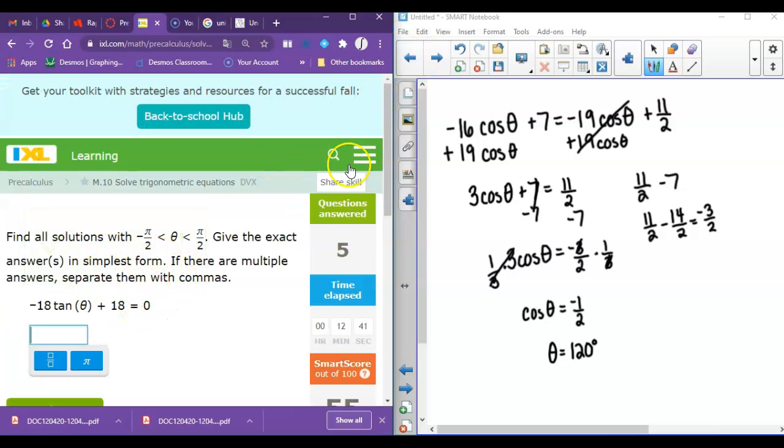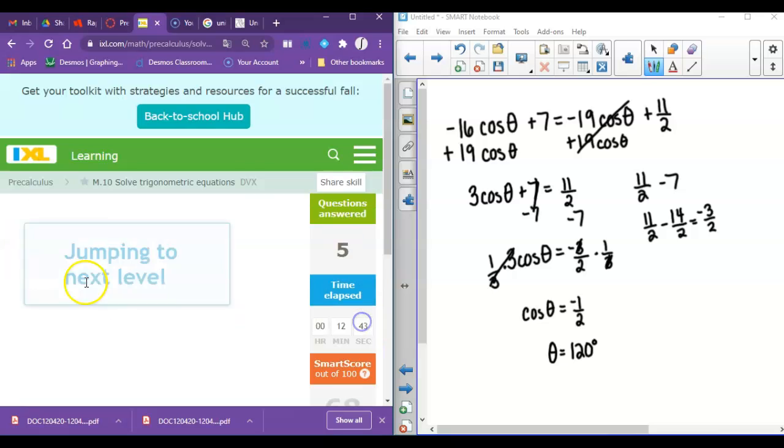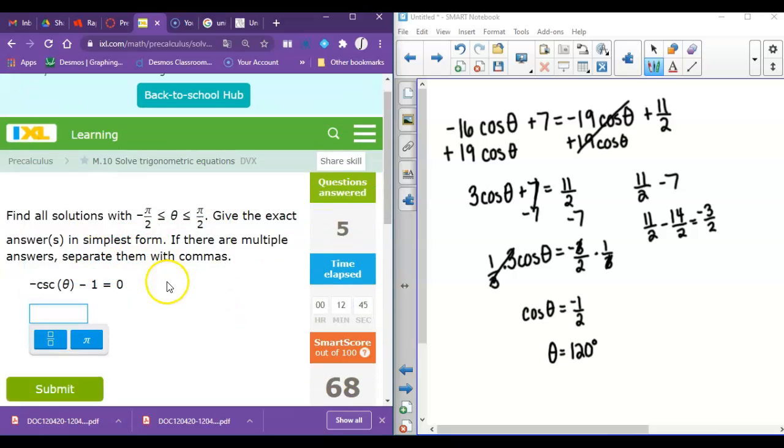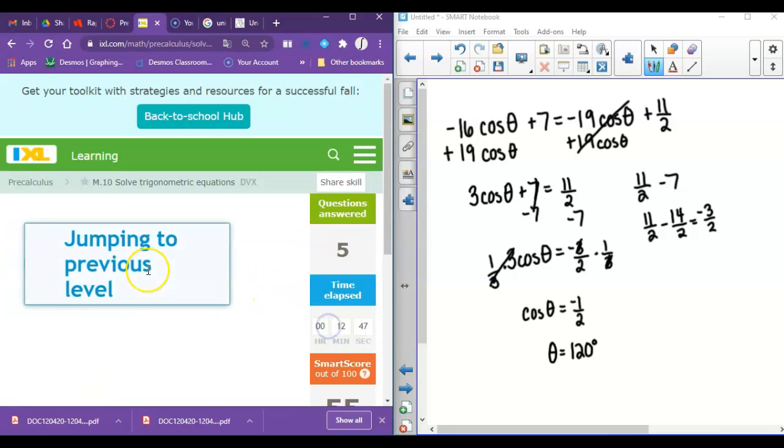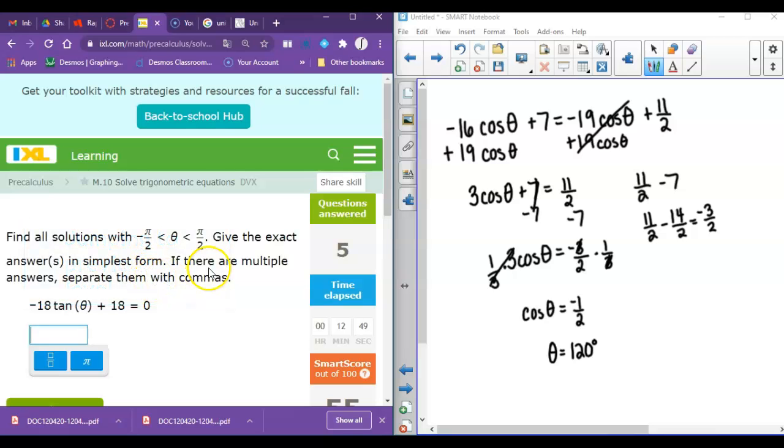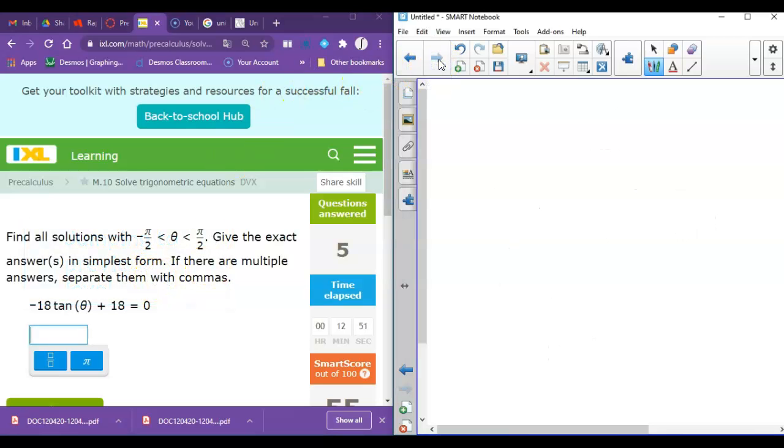Alright, I'm going to skip ahead to the next level. Actually, let me go back to that question. Okay, let's go back to this question because this one asks for tangent, which is more difficult. So negative 18 tangent of theta plus 18 equals 0.